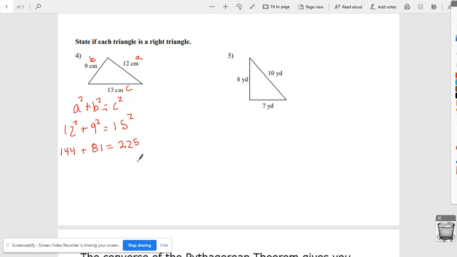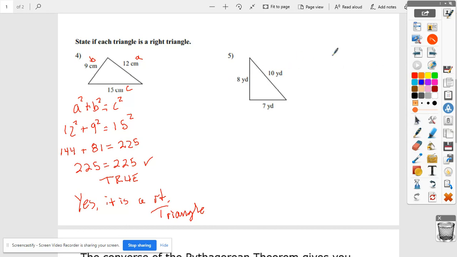So 144 plus 81 is indeed 225. 225 does equal 225. That is true. Since it is true, state if each right triangle is a right triangle. Yes, it is a right triangle. Why is it a right triangle?